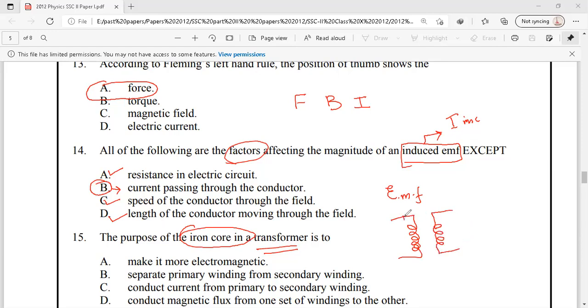These two coils are wound on a soft iron core, and the purpose of using this soft iron core is to enhance the magnetic effect so that flux could easily transfer from one coil to the other coil. So the correct answer for this question is option D. That is, the iron core helps to transfer electromagnetic flux from the primary coil to the secondary coil.